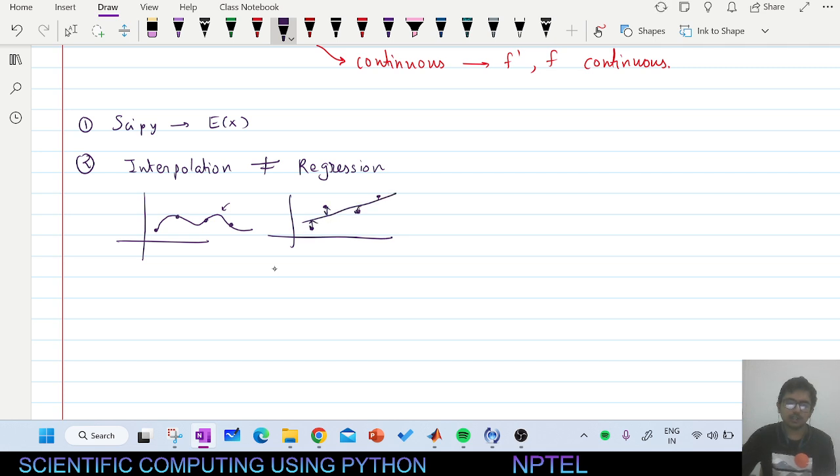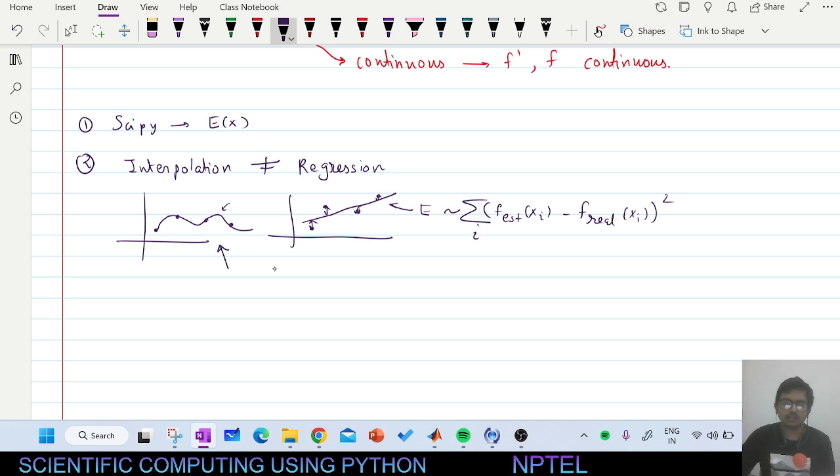So in this case, error is proportional to f estimated of xi minus f real of xi, square, and then you sum over all i, something like that.